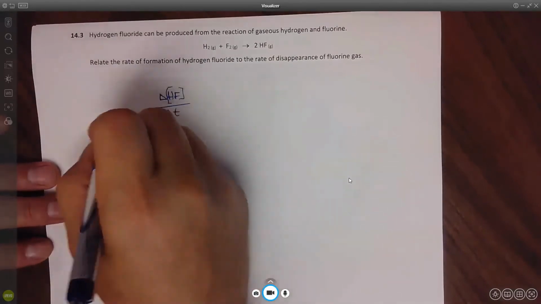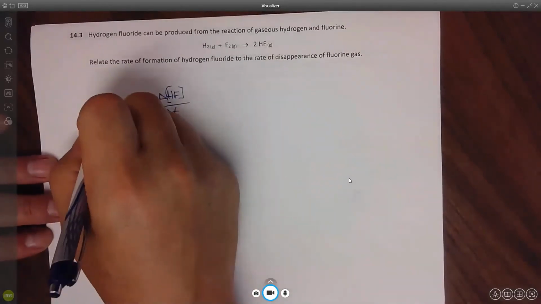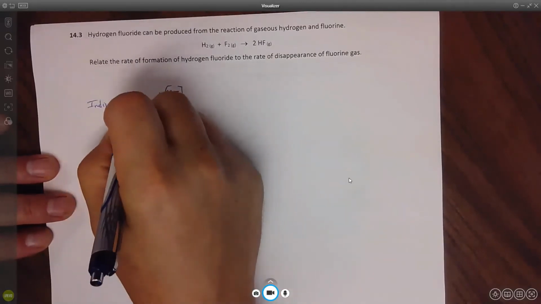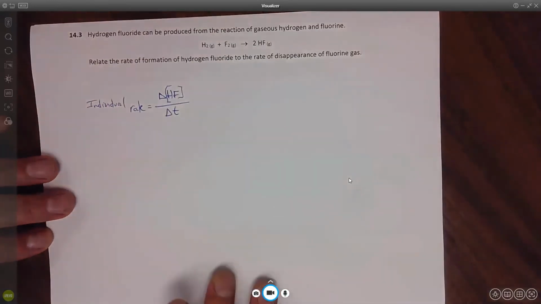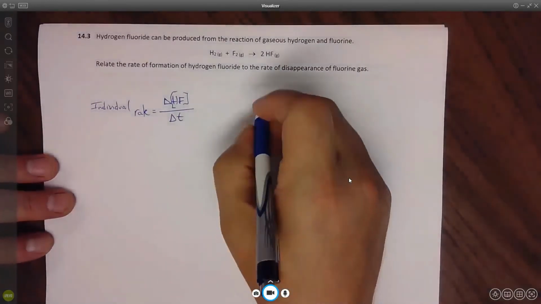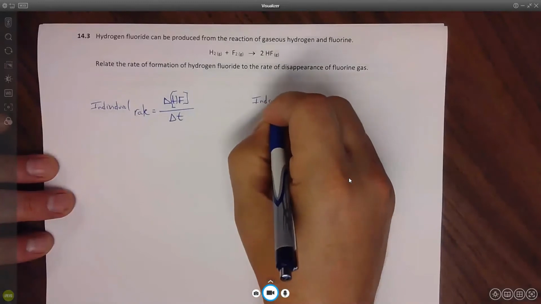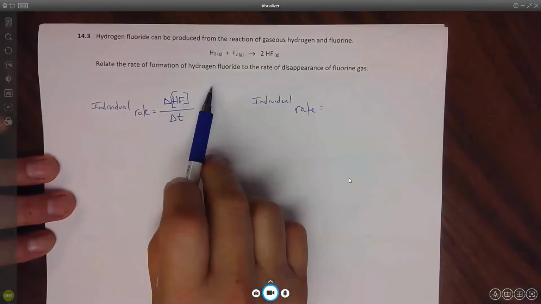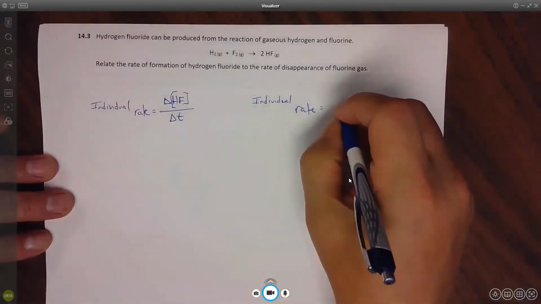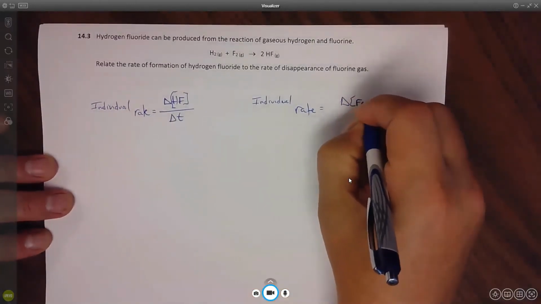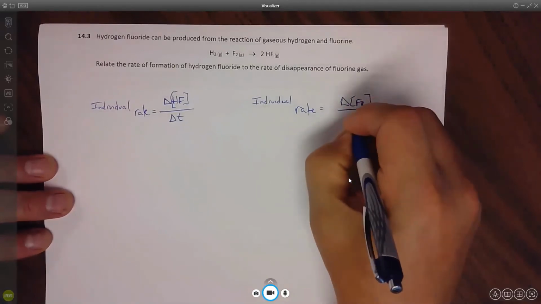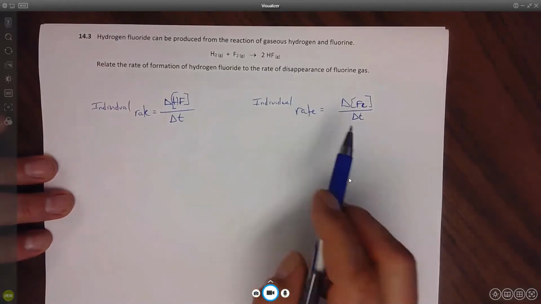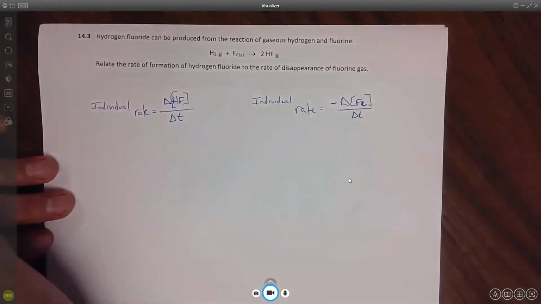Okay, so this is going to be the individual rate. And then we could get the individual rate of, so we want to relate that to fluorine gas. So that's going to be the change in fluorine gas with respect to time. But again, remember, this is going to be negative, and whether it's an overall or individual rate, it has to be positive, so we have to throw that negative sign in front.